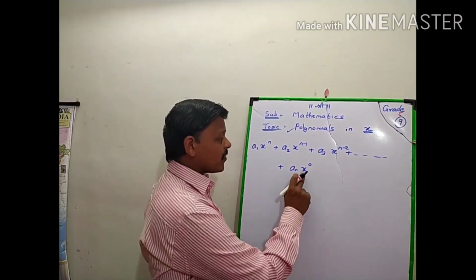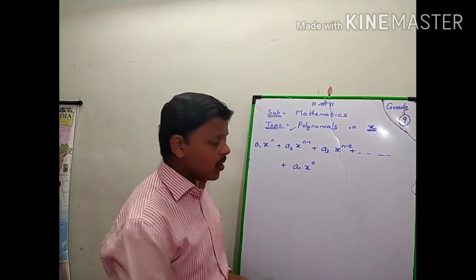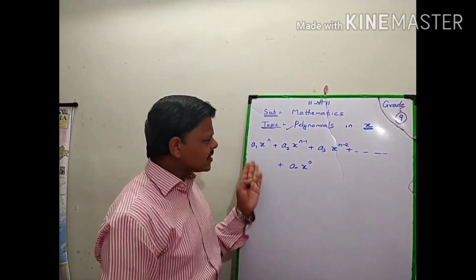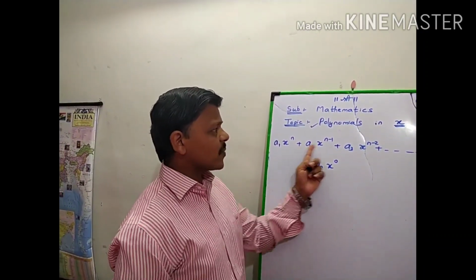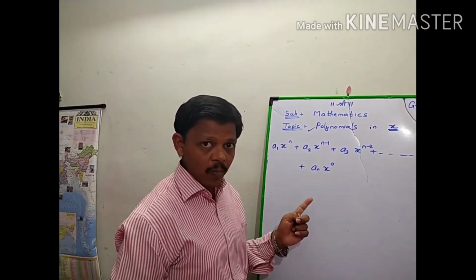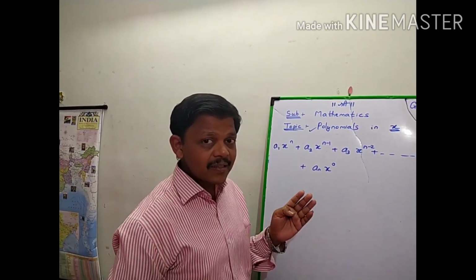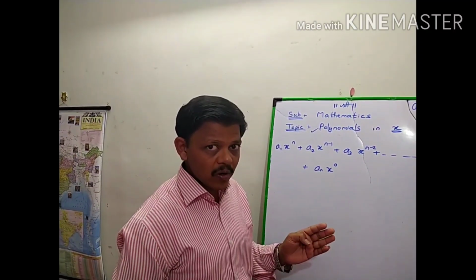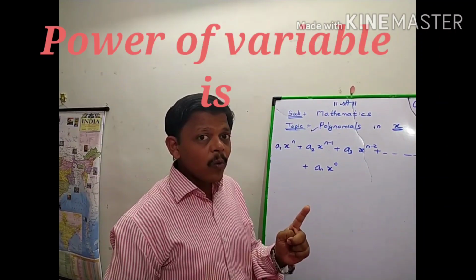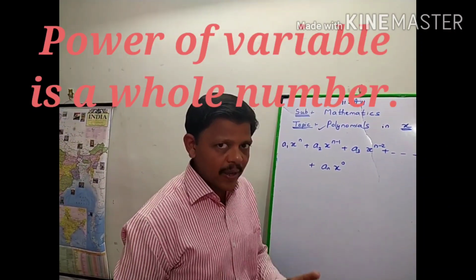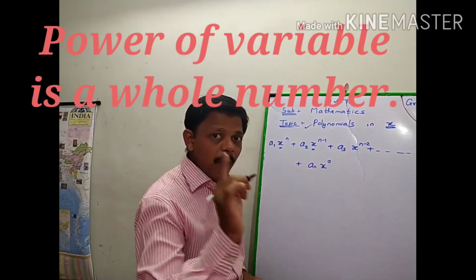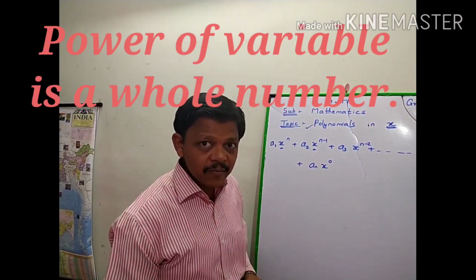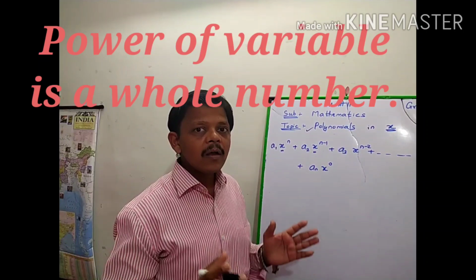Ultimately, the power of x becomes 0. This is the standard form of polynomials. But yes, algebraic expressions written in this form such that, very important point, the power of the variable, and children, here the variable is x, the power of the variable x is a whole number.